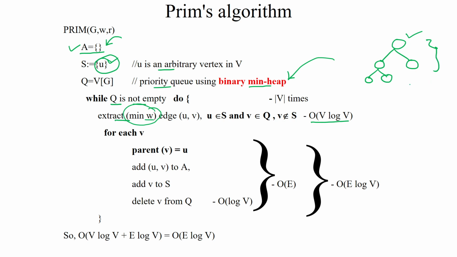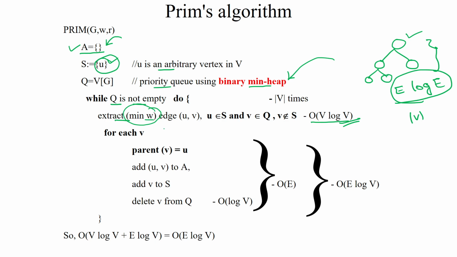For that it will take log of the number of edges. This is to be done for all the edges, E number of edges, so that is E log E, right? Here E is the cardinality of V, so we can give V log V for all the vertices.